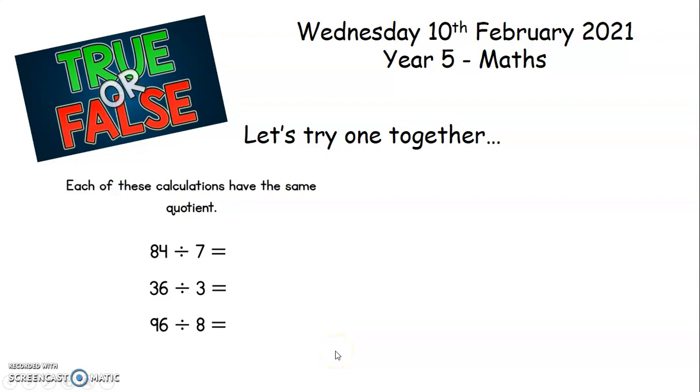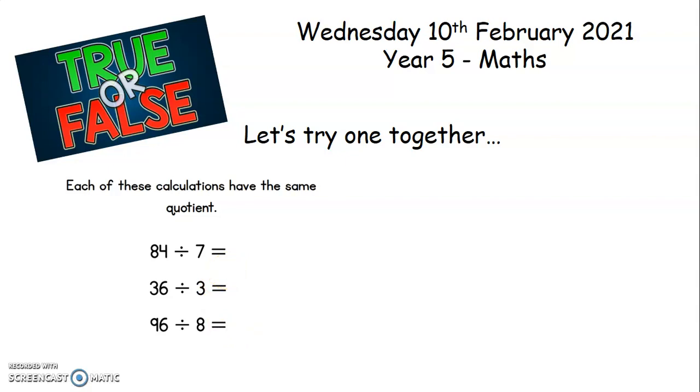Now hopefully if you know your times tables, you'll be able to pick out these quite quickly, especially this one. Okay, 3 times by 12 is 36, so 36 divided by 3 is 12. I'm also quite happy with my 8s. My 7s sometimes I'm a little bit wobbly on, but my 8s, I know 11 8s are 88, so add 8 on, I get 96, so that's 12 as well. 12 times 7 always gets me, but let's work it out.